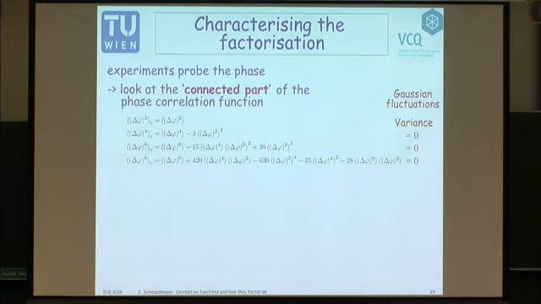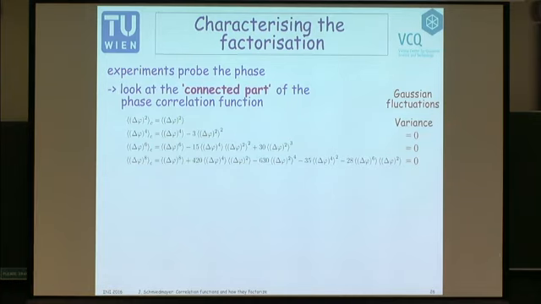The lowest order connected part is the variance. For Gaussian fluctuations, all higher order connected parts vanish. For example, the fourth order correlation function minus 3 times the second order correlation function squared is the connected part of the fourth order correlation function, and that should be 0 if there are Gaussian fluctuations. The same thing you can write down for the 6-point function. I wrote it down in a very simple way, without the indices.